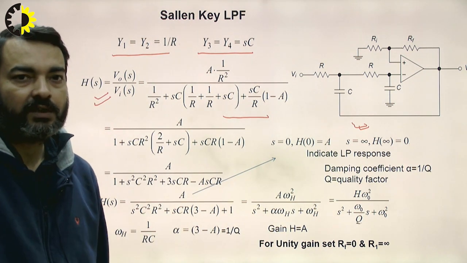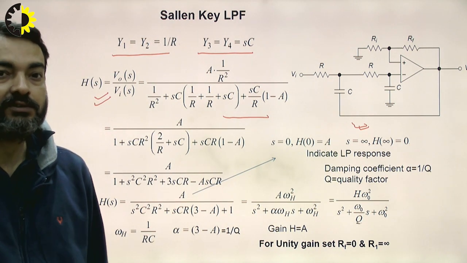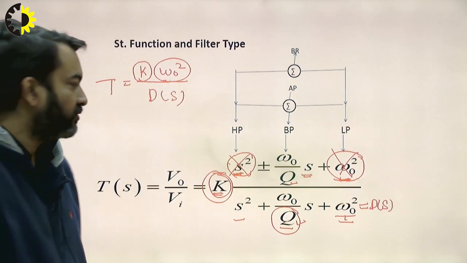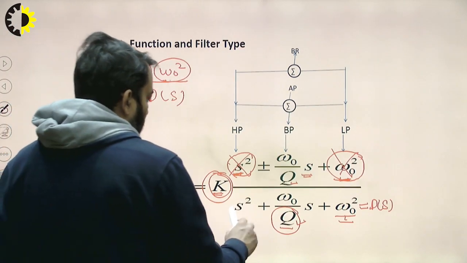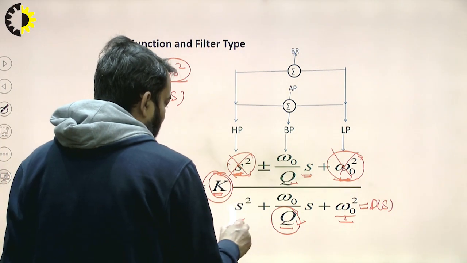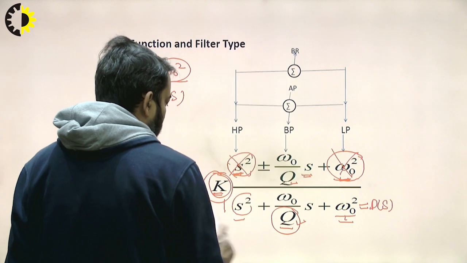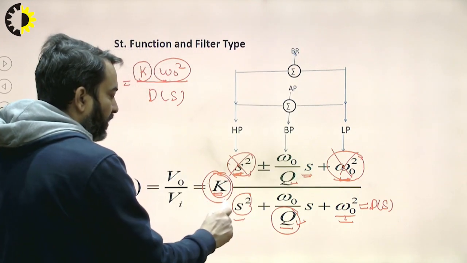Now we will convert this transfer function into standard format. So what is the meaning of standard format? We will say the coefficient of the highest power of S in the denominator will be 1.